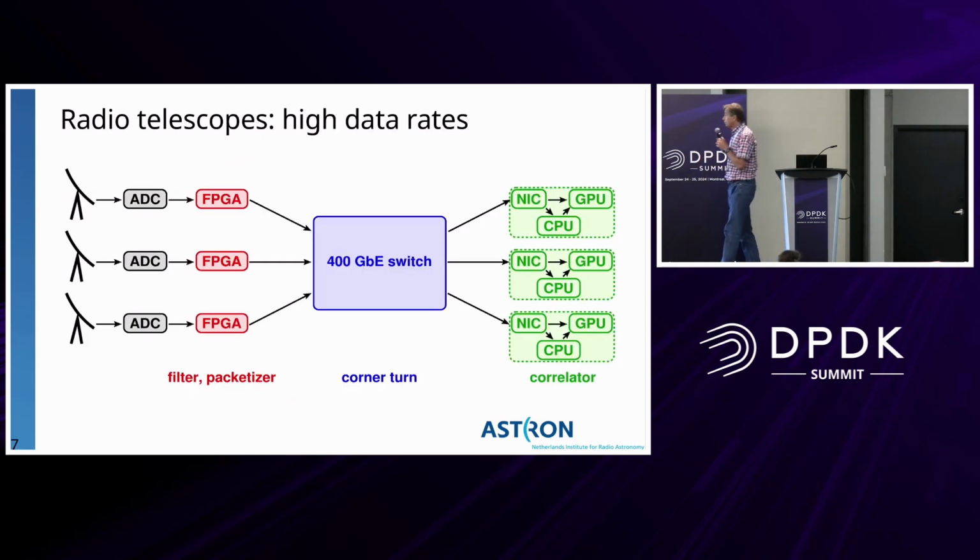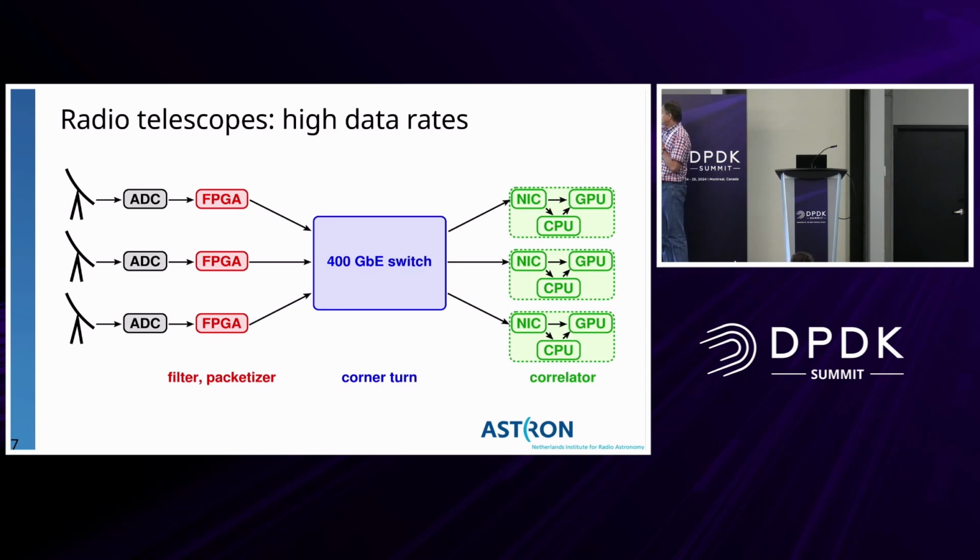So if we zoom in a little bit, again, data flows from the left to the right. It's first analog to digital conversion, then an FPGA that does some filtering. That's not packet filtering, but signal processing filtering, creating higher spectral resolution. And then the sample data is packetized, most often in UDP/IP Ethernet packets.